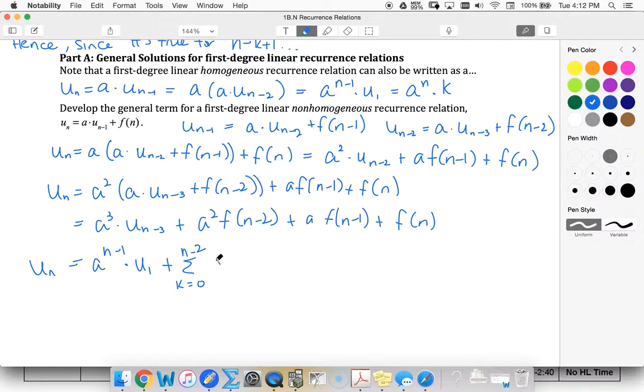I'm going to have a to the k times f of n minus k. Okay, so notice I would start with k equals 0, so I'd have a to the 0 times f of n. That matches up. Keep going all the way until I have my n minus 2 in there, and that's going to give me what I need.